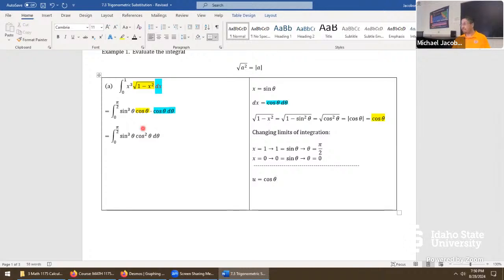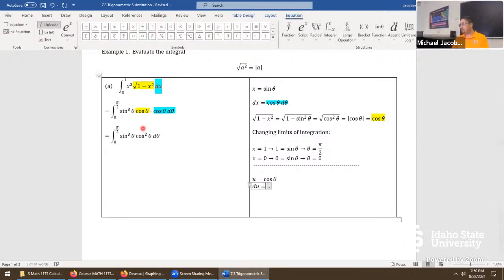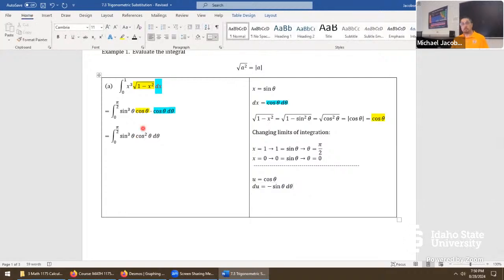If that's our u, let's check out the differential. du is negative sine theta d theta. And if you like, depending on the steps you take, some people mention class, they're solving for d theta, so divide by negative sine.